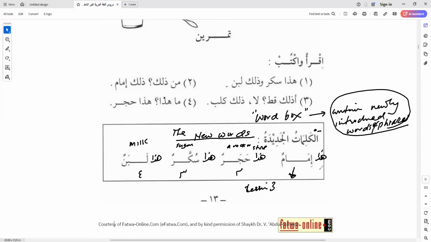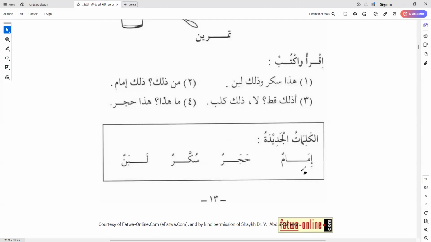They are near. Or we say, ذلك إمام. That is an imam. You can say, ذلك إمام, ذلك حجر, ذلك سكر, ذلك لبن.